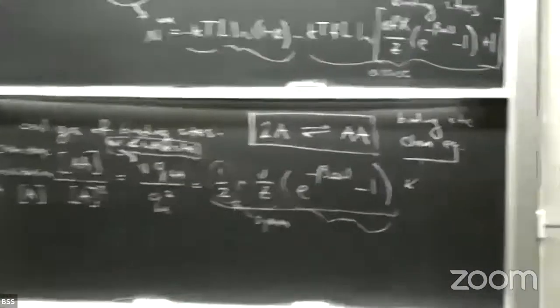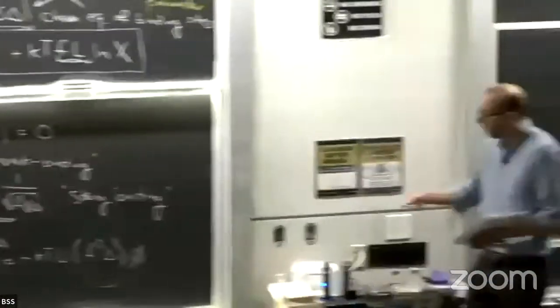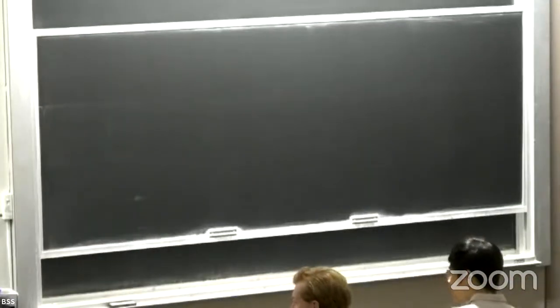Okay, so in this case, we want to take our asymptotic expression here and stick it back into our excess chemical potential.